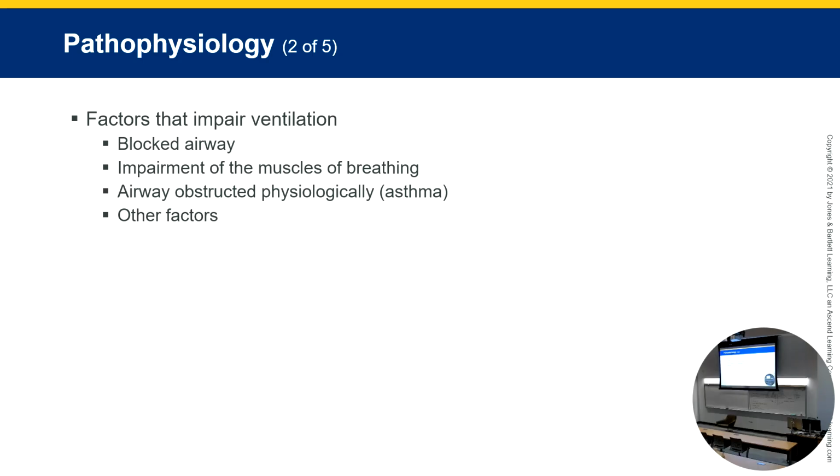Impairment of the muscles of breathing. If you have an injury to the diaphragm, you're not going to be able to breathe effectively. Airway obstructed physiologically, such as for asthma. That's when your bronchioles and bronchi constrict, so they get smaller, and it's harder for air to pass through those passages.